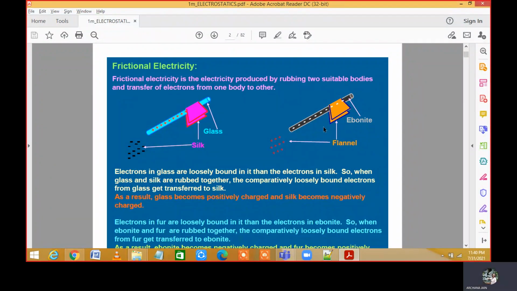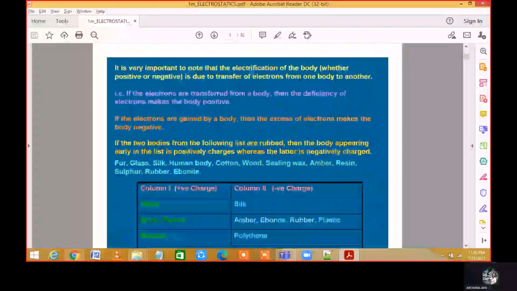Similarly, when an ebonite rod is rubbed with flannel, flannel becomes positively charged because flannel loses electrons, and the ebonite rod becomes negatively charged because it gains electrons.